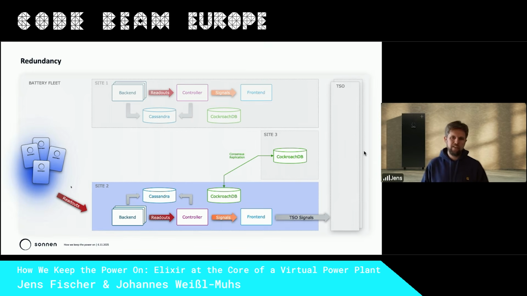This whole redundancy mechanism was, of course, also built in Elixir, and honestly, I wouldn't like to do it in any other language. But let me explain in a little more detail why we chose Elixir and how the experience with Elixir was for us.